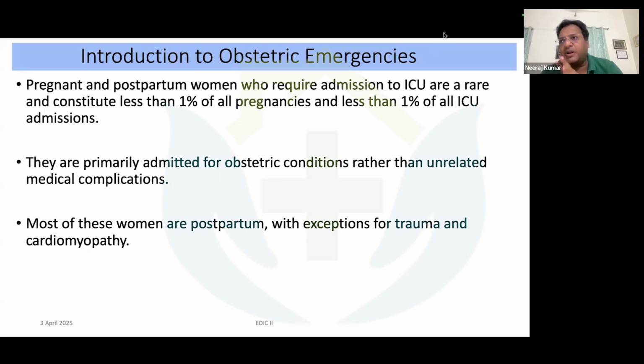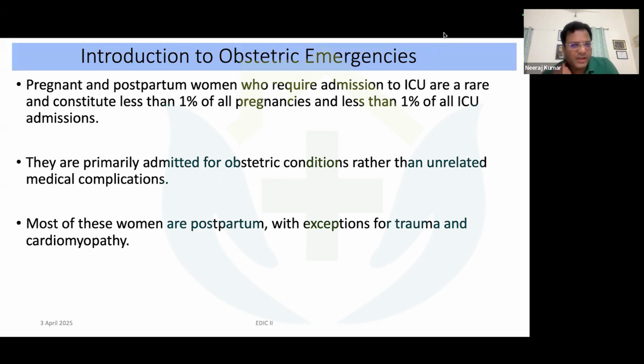Also a few important physiological changes of pregnancy, one diagram I will discuss, and then amniotic fluid embolism and peripartum cardiomyopathy. I have omitted infection and pregnancy because it is not of much use, but definitely you have to read all those things.